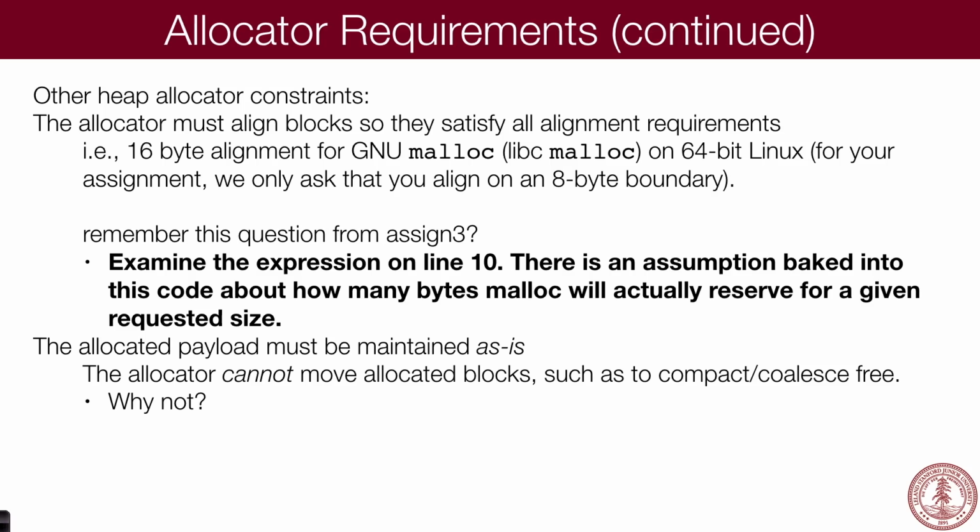What other allocator requirements are there? Well, the allocator must align the blocks, or at least it does. Technically, it probably doesn't have to. On some machines, it would. But on our machines, I don't think it technically has to, but it always does. Align the blocks so they satisfy all the alignment requirements or suggestions. In Linux, for 64-bit programs, it's actually a 16-byte alignment.